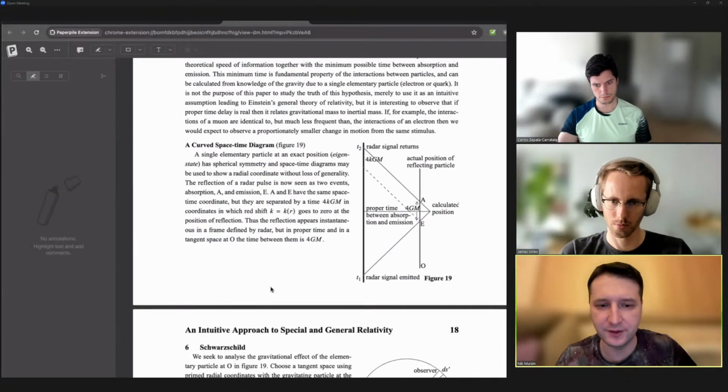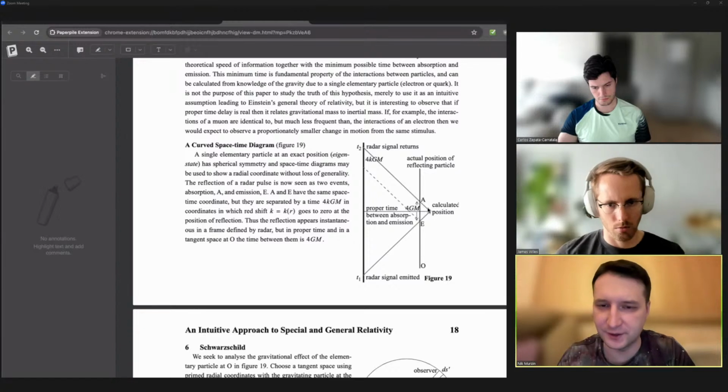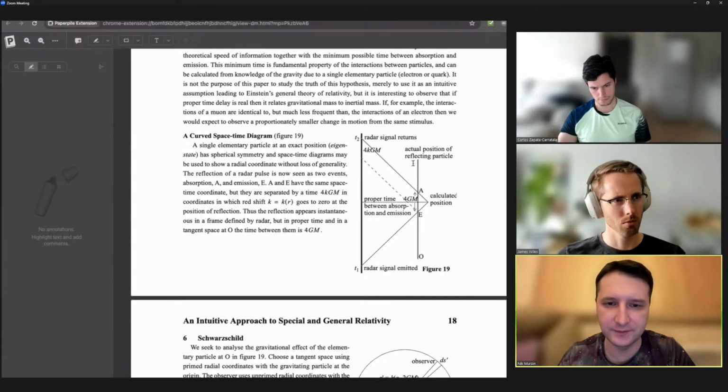So we can at least get some intuition how general relativity comes into place by just postulating that some kind of delay acts as this curvature in all of your measurements by doing this radar signaling, right?